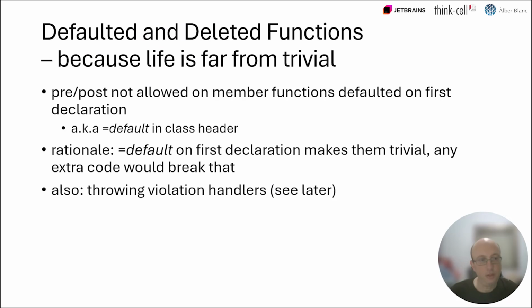This is the standard way of writing equals default in a class header. When you do this, you create a trivial declaration for those functions. They will be trivial functions. Trivial functions cannot do anything. Even if you replace that with an empty implementation, that's already not trivial.